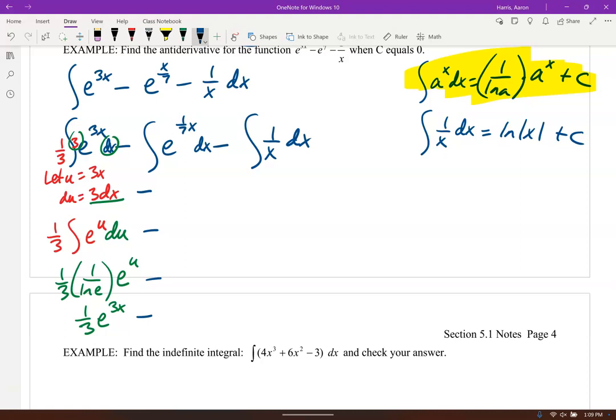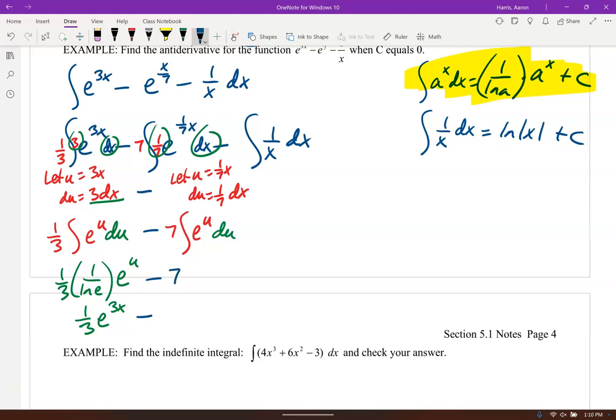Now we've got to do it for e to the 1/7 x. So this time we're going to let u be the 1/7 x. So du is 1/7 dx. So I need a 1/7, and I got to offset the 1/7 with 7 over 1. So this will be minus 7 integral of e to the u du.